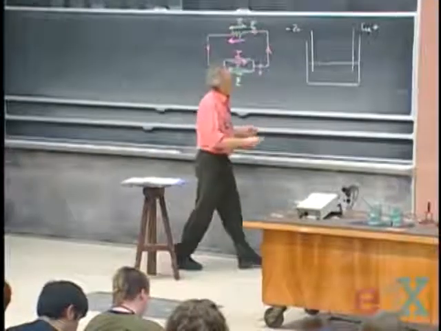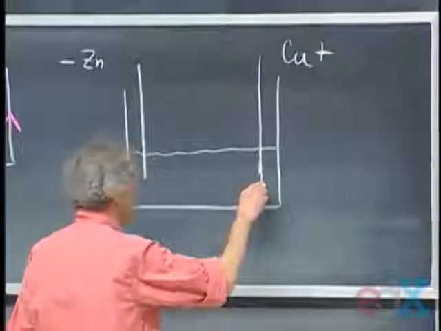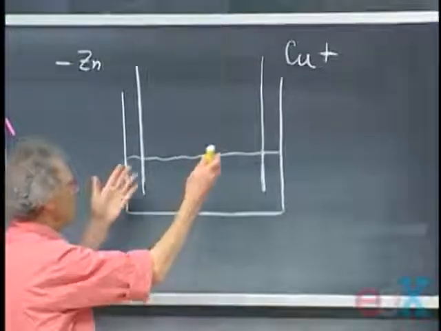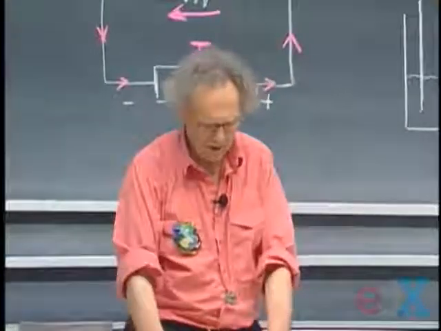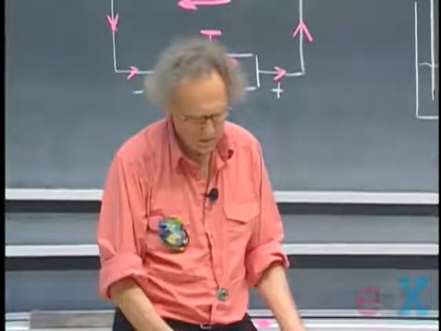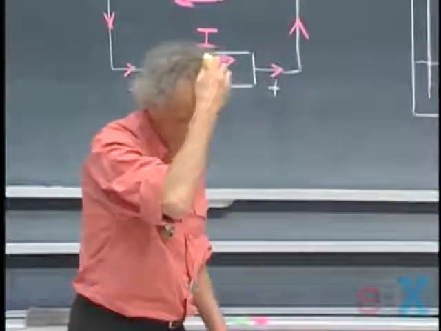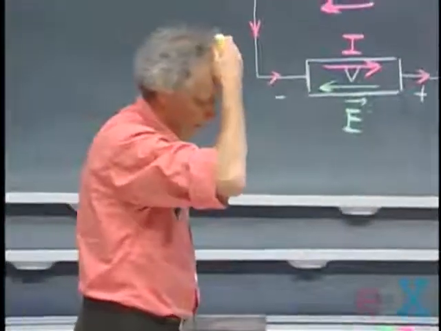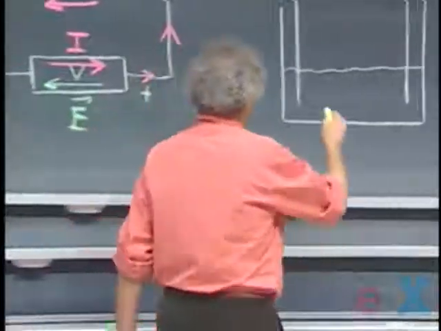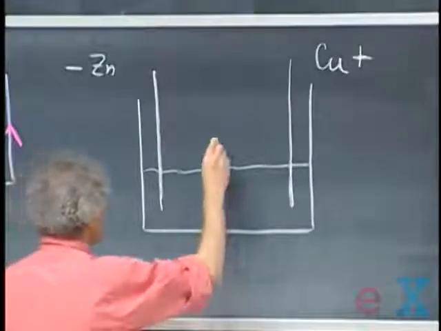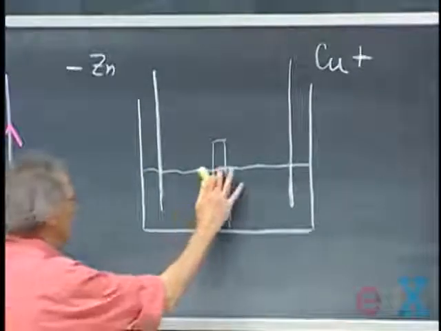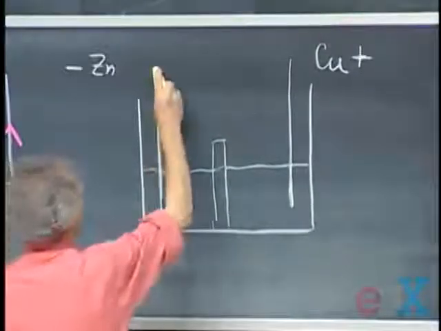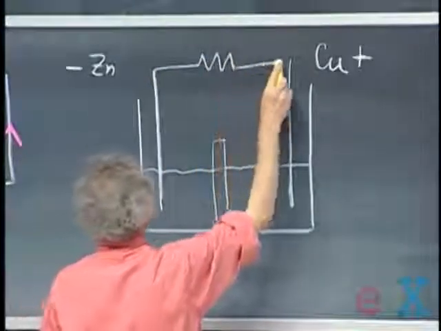The secret really is not necessarily in the solution, because if you take two different conductors and you touch them metal on metal, there will also be a potential difference. So let's look at this now in some more detail. We have here a porous barrier so that the ions can flow freely from one side to the other. And we connect them here with a resistor.